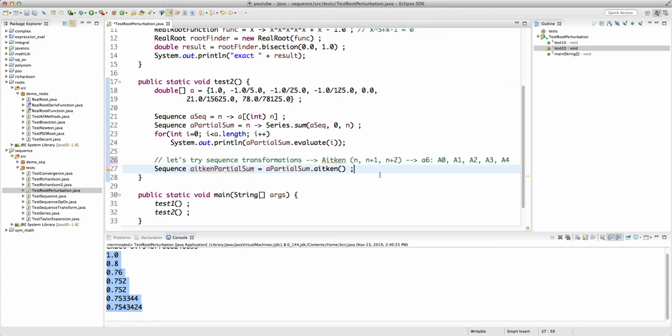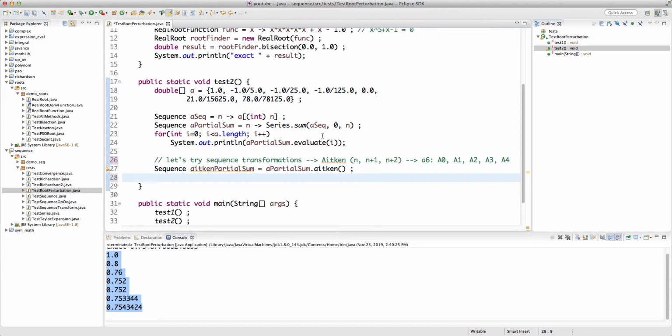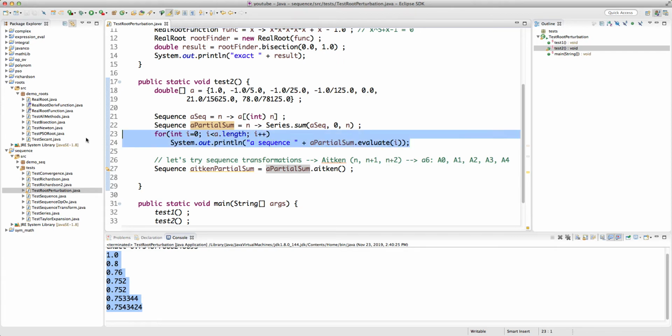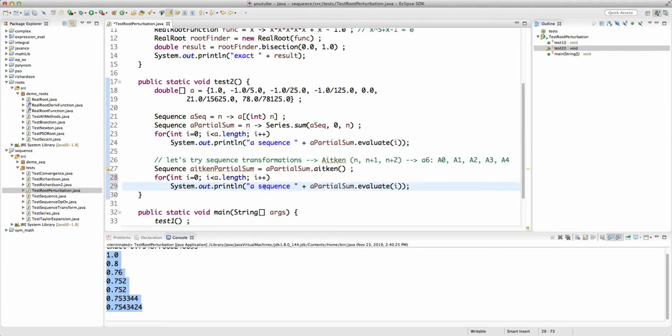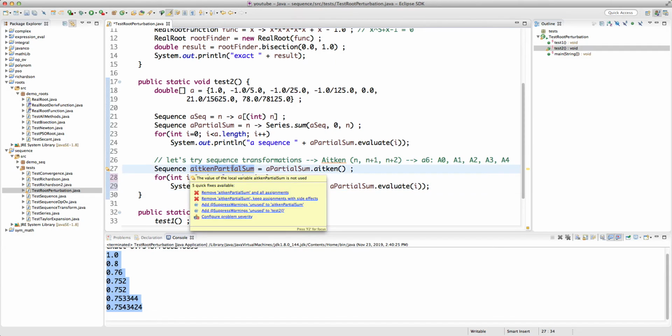But now let's see what happens. Let's call this the A partial sequence, and then we're going to do the Aitken partial sum.